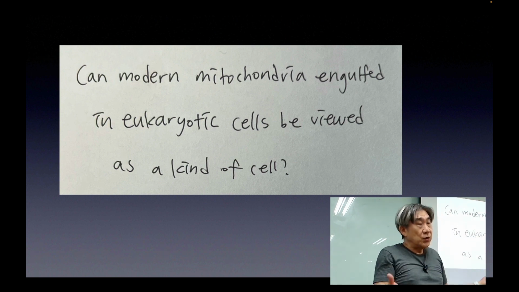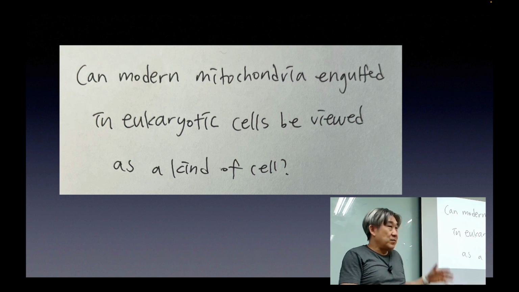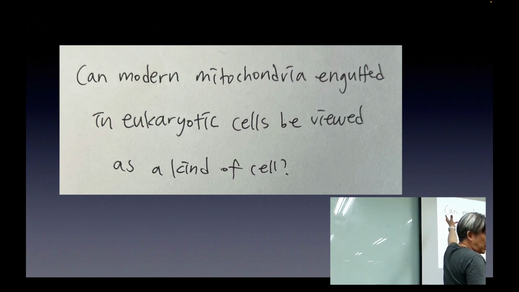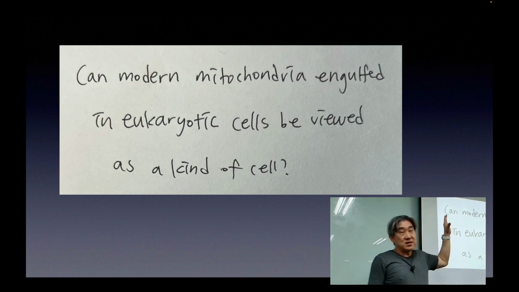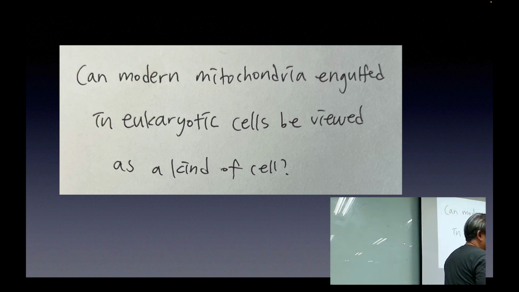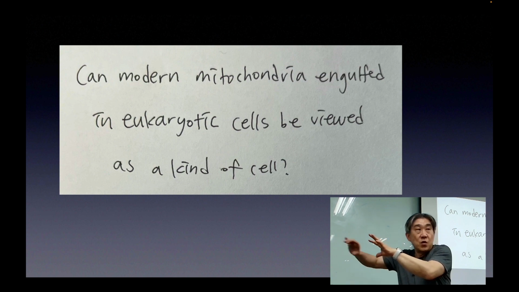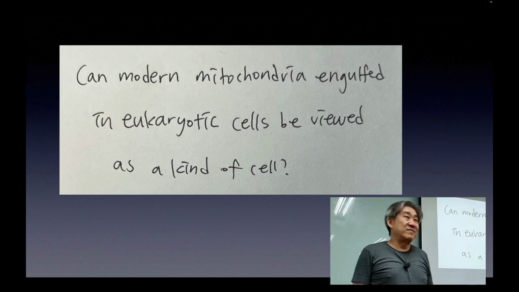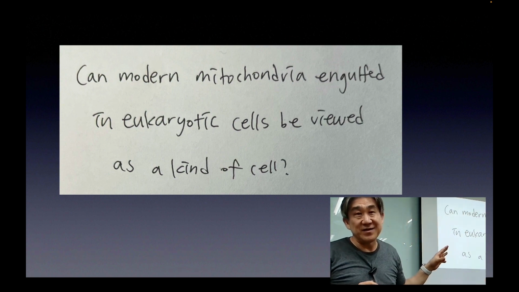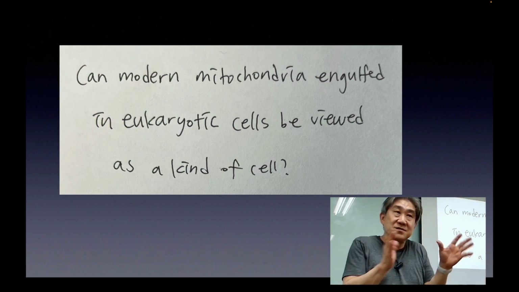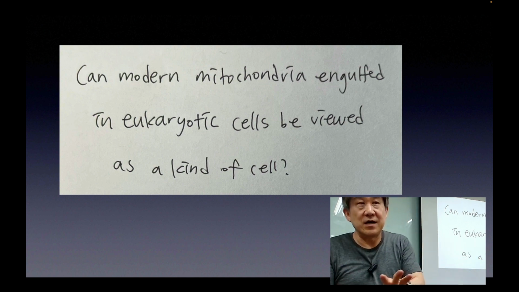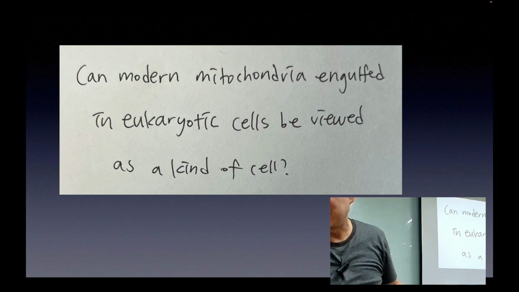If they can, then we can consider them a kind of cell. If not, the ancestral form of this mitochondria must have been independent, a kind of cell, but not anymore, because over a long period of time, they must have lost such autonomy and independence. So that's the easy distinction: can they survive outside or not?